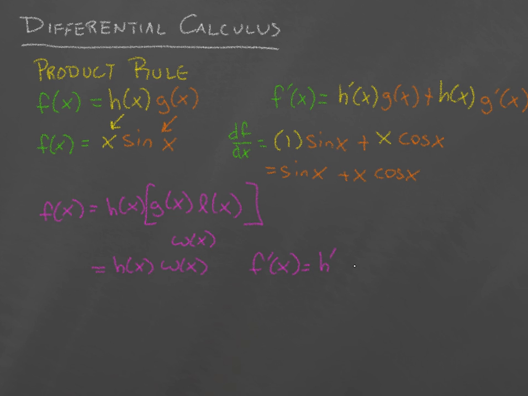The derivative would be h prime, I'll leave the x's off for now, h prime w plus h w prime, and then where you see this derivative, you would replace it with the derivative of this, which again you use the product rule. So there may be times where you have to use the product rule more than once. Just as you can imagine in the other case, there could be a time where you're using the sum rule more than once. But that's the product rule. So pretty simple.